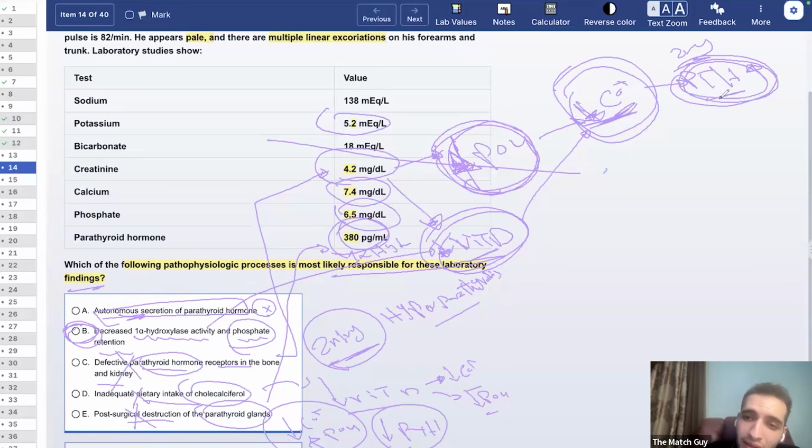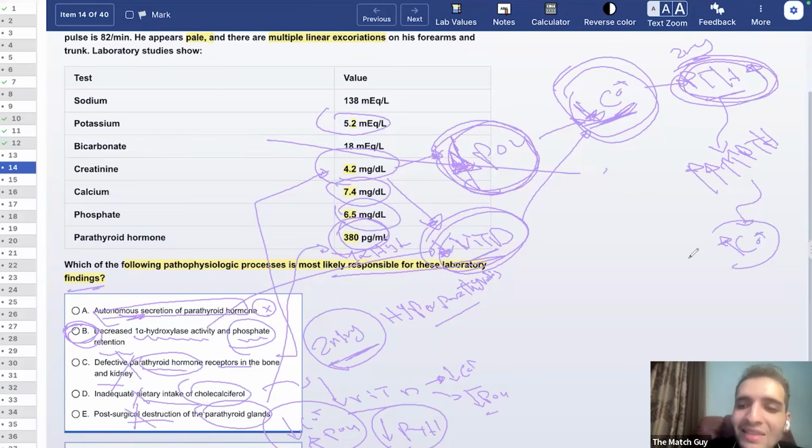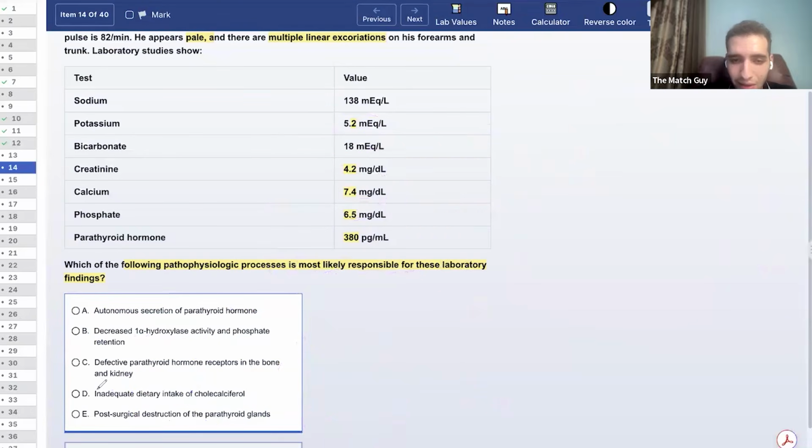When it's elevated, it starts to go up, up, up, too much, to the point it would be autonomously secreted, to the point it will increase the calcium level. And that's called tertiary. So tertiary happens years after kidney disease, and the only difference between secondary and tertiary is that tertiary will have too much calcium. It will increase the calcium ultimately, but secondary has too little calcium. Okay, guys? So that's the few things I wanted to highlight here.